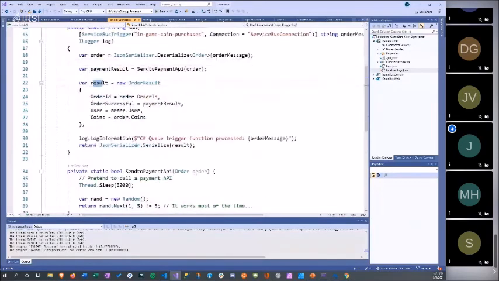Then we end with a new order result record, so we have our order ID, our payment results, the user and the number of coins in that result. We serialize that bad boy up and send it to the topic. So at this point, we have created a queue item, processed that queue item, and sent the result onto the topic. Now we have to respond from that in the application.